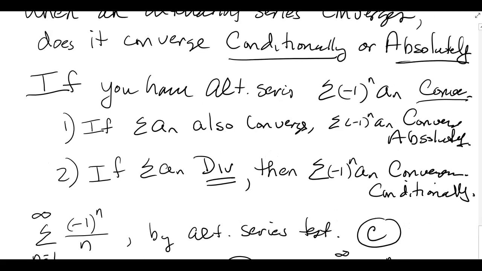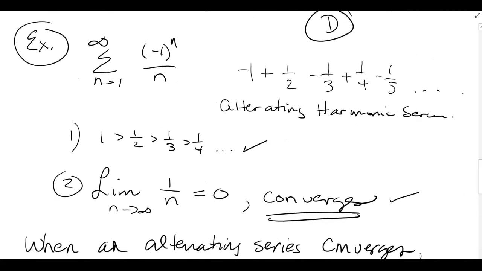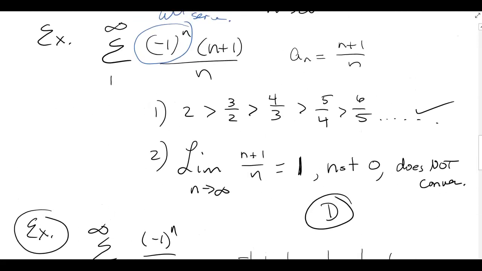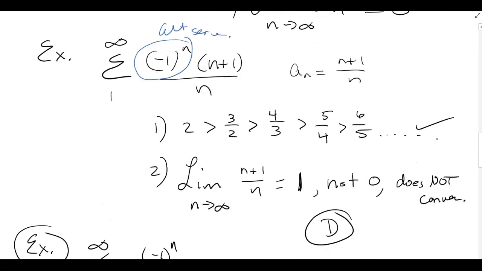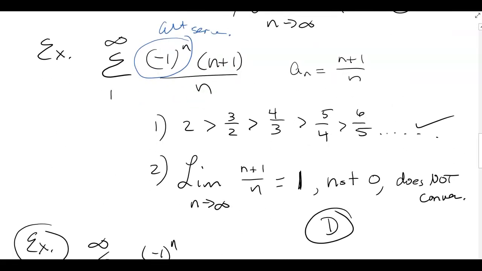Here's the good part. If your original alternating series does not converge, obviously you don't have to do that second piece.